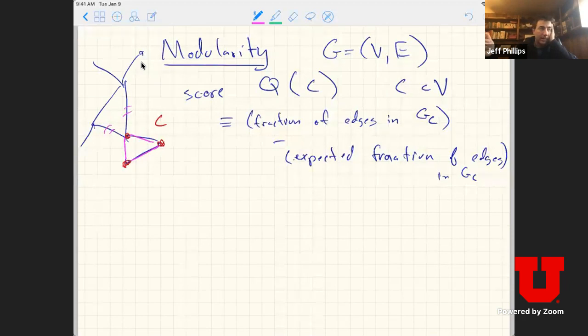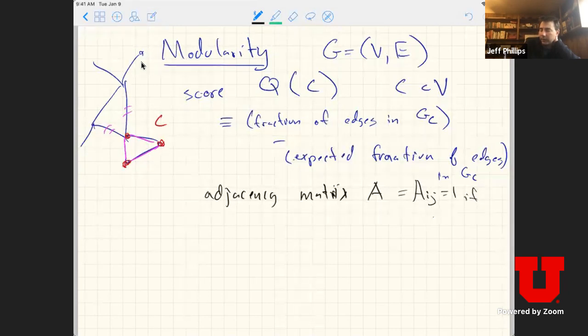So the fraction which are in the group, right? I can think of defining all this by starting with the adjacency matrix A, right? And this is basically A_ij equals 1 if edge ij is in the edge set, otherwise it is 0.